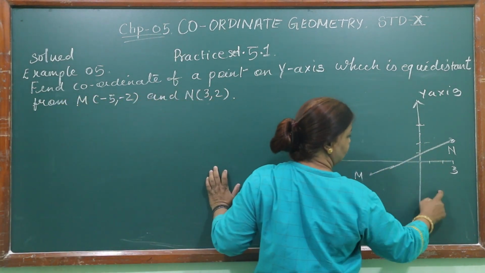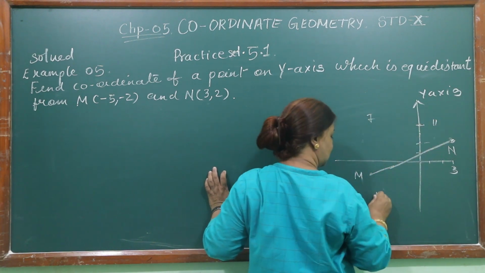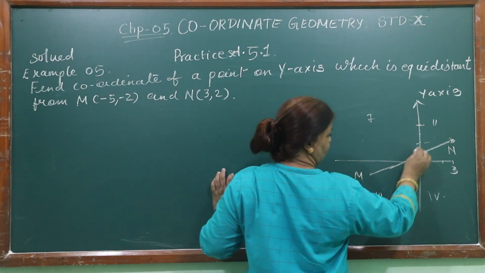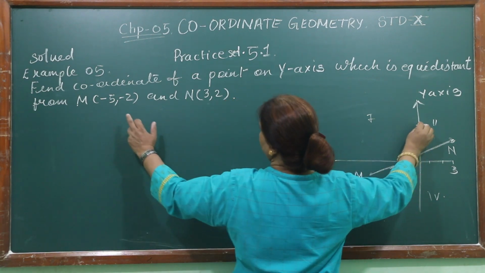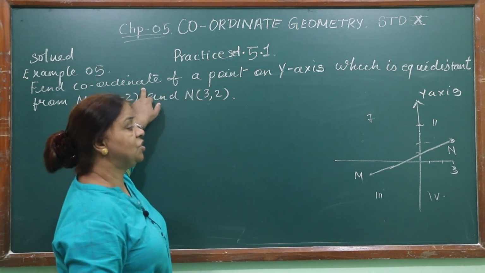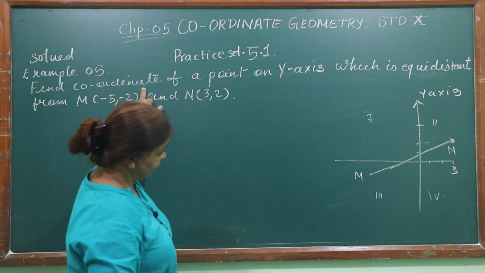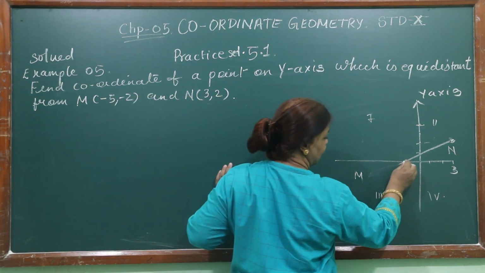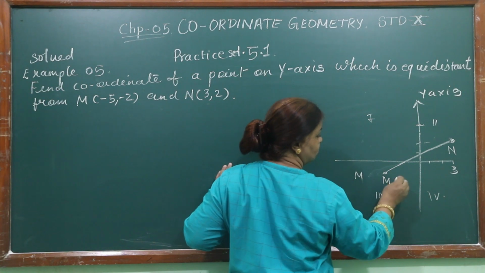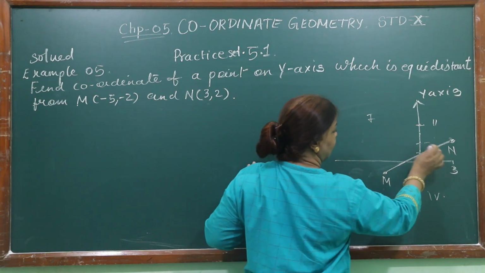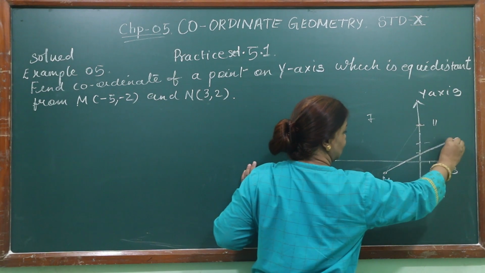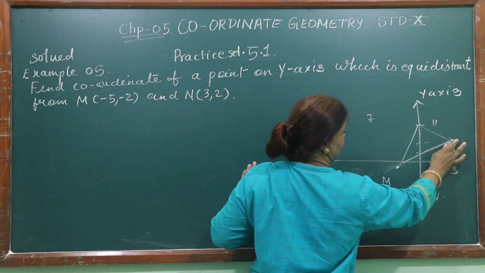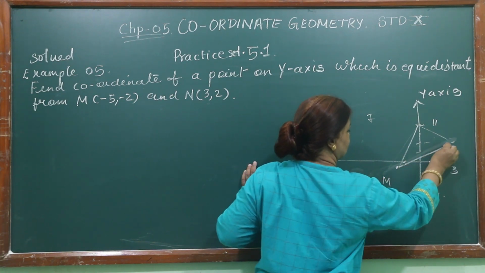First, second, third, fourth. This is first quadrant, this is second and this is third and this is fourth quadrant. So we want to find out the coordinate of the point P, which is on y-axis and which is at equal distance from point M and point N. So this line and this line, suppose the point is somewhere here.